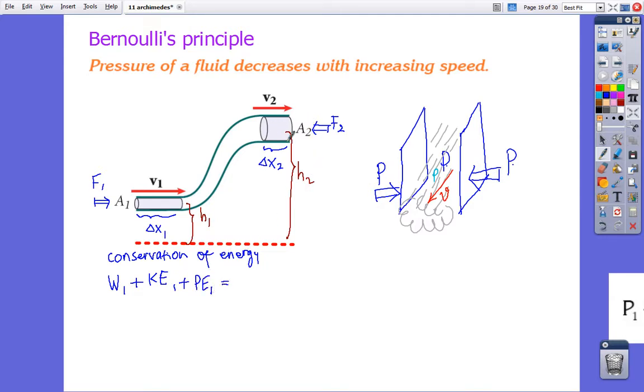Next, at the second one, there is a force acting here, but the distance traveled is to the right, so there will also be work done here, added to the kinetic energy because it is still moving, and there is also potential energy. So the work done by the force is the force times the displacement.